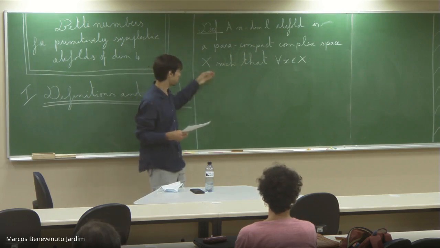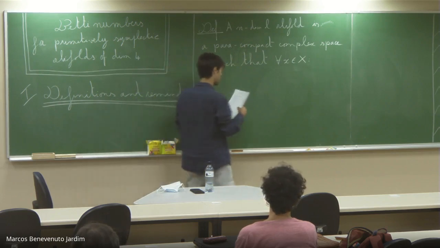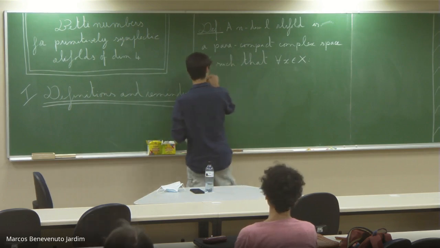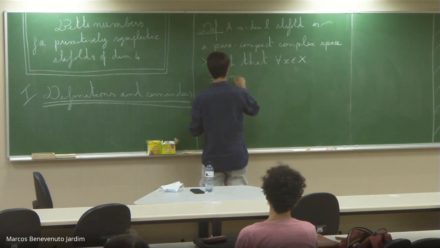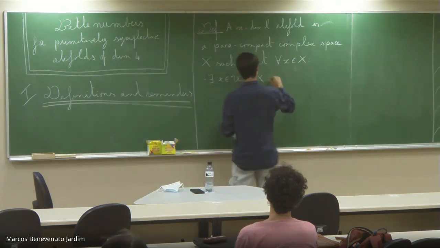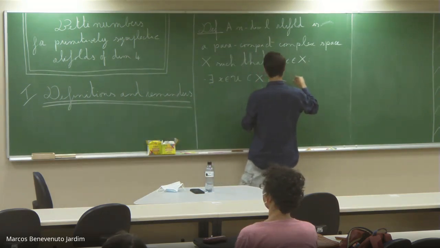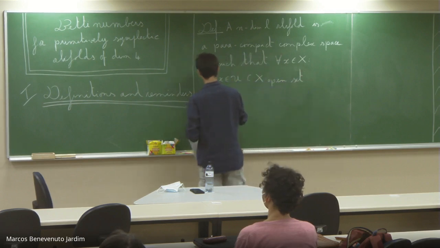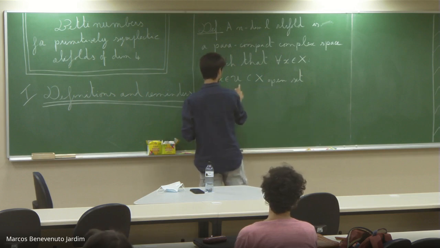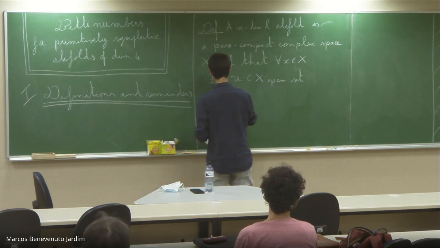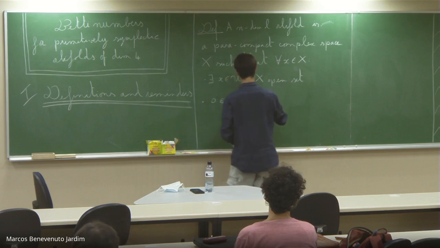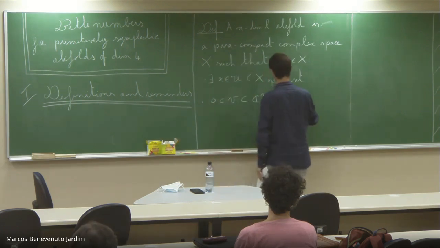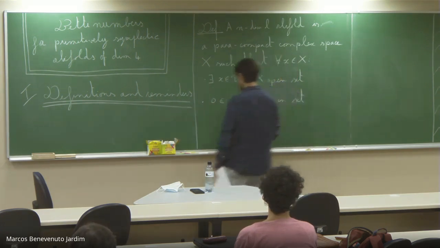Okay, so how will we formalize this? For x in X, there exists a neighborhood U of x inside X, and this neighborhood will look like a quotient. So we take an open V in C^n.